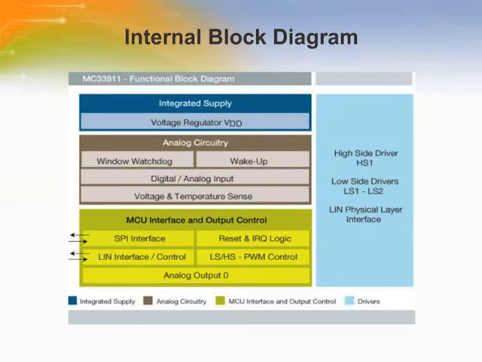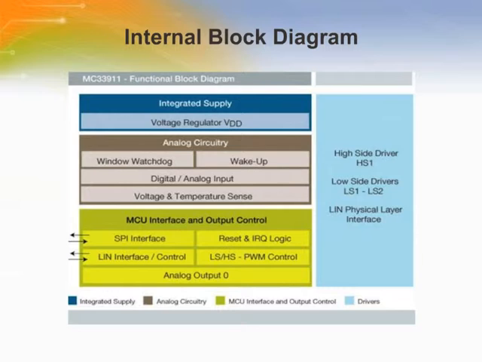Here we show a functional block diagram of the MC33911. It has 4 major blocks. The first block being a power supply which has an integrated inbuilt voltage regulator. The second is the analog circuitry block which has a watchdog window, a wake-up function, digital and analog input, and temperature sense.